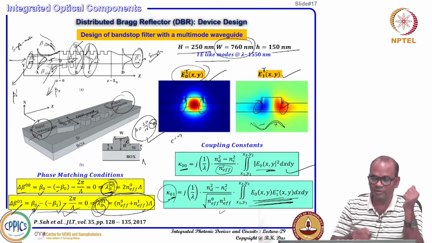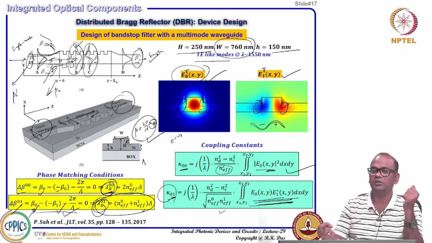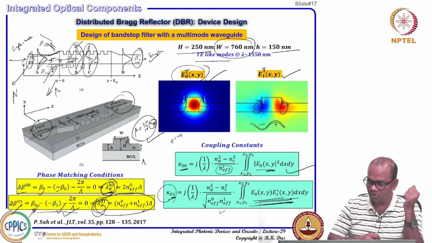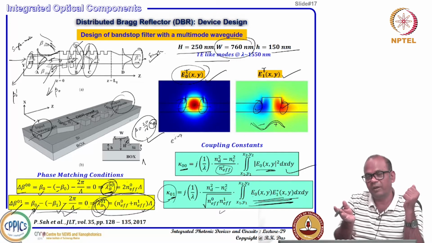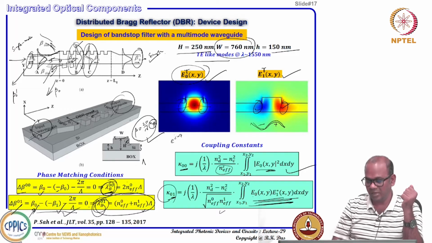So, that is the reason if you want to get an effective stop band, because of the coupling between the forward propagating fundamental mode and the backward propagating first order mode, in that case the grating you must fabricate, define, on one of the side walls.